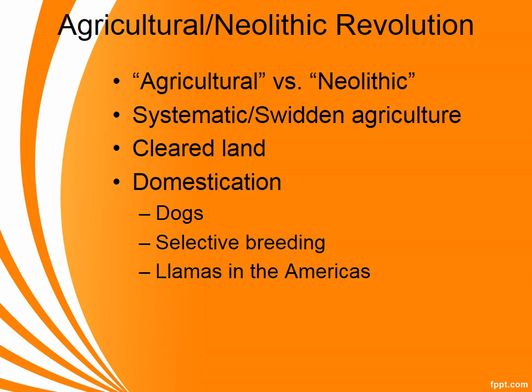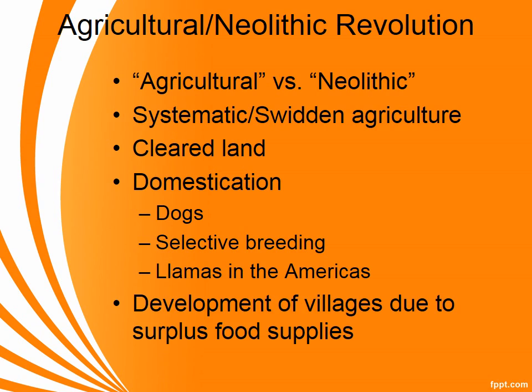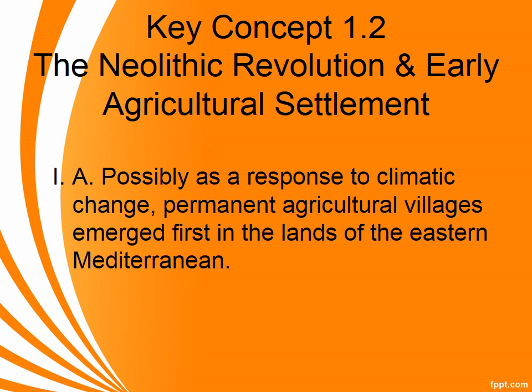Remember that things like horses, pigs, and a lot of cows, and a lot of those animals actually come to the Americas with the Spanish. They do not originate here. As a result of this, we have a surplus of food. We don't need to move anymore, and so we develop into villages, and we start living in some type of village system.